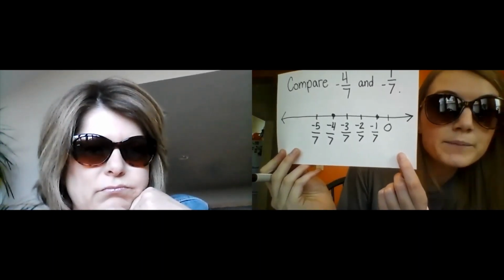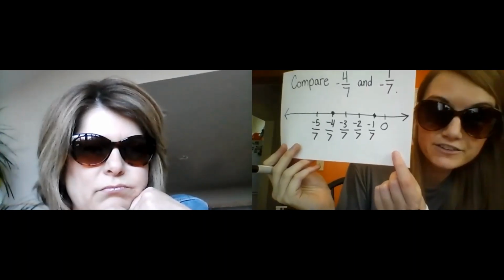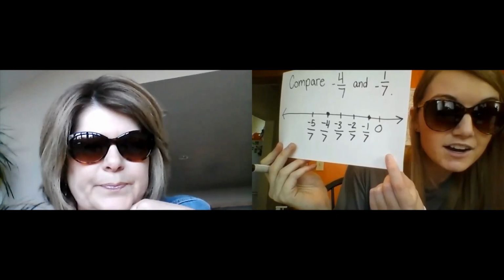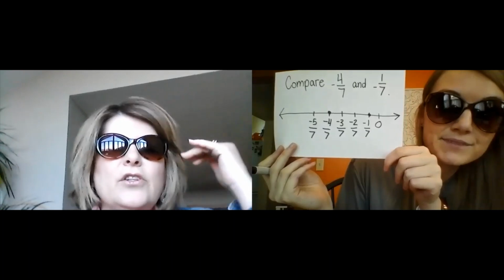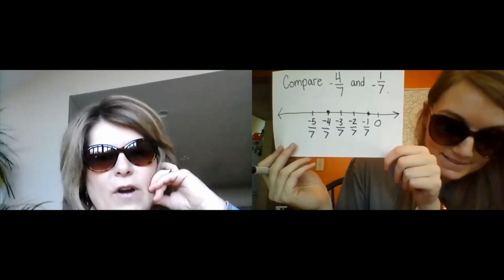Well, if you remember back earlier this year, what do we always have to do when we compare? We have to get them to be the same. So, a common denominator, Mrs. K. Yeah, find a common denominator. That's what I would do, just like when we add or subtract fractions. Exactly, the exact same thing. In order to compare, they've got to match. These ones here match, so we're already there. Good point, Mrs. K.